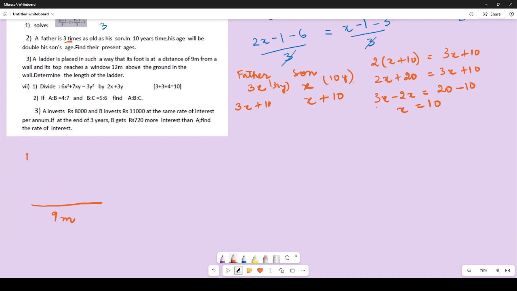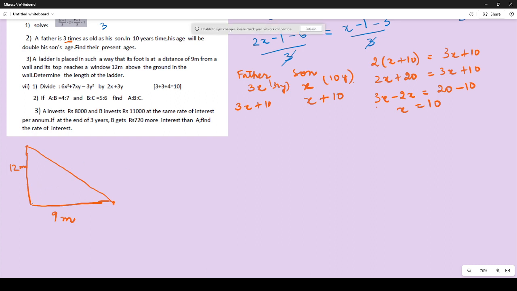Let us say this is 12 meters above the ground. This is the ladder. This is how the ladder is placed, right? So if this is 9 meters, so this is the foot of the ladder and this is the top of the ladder.